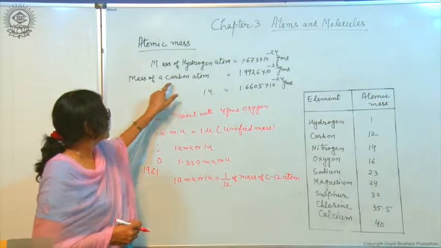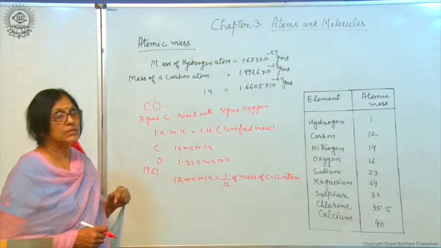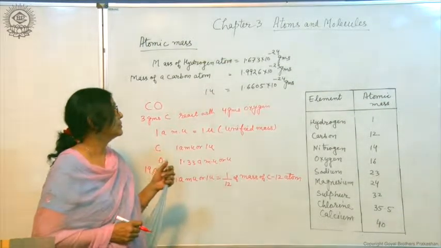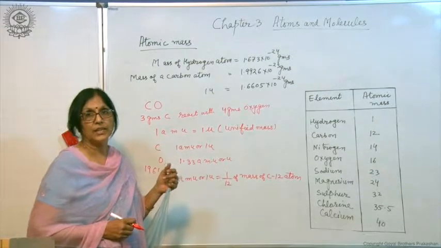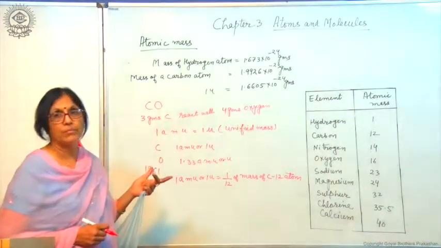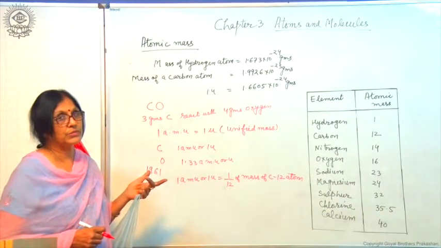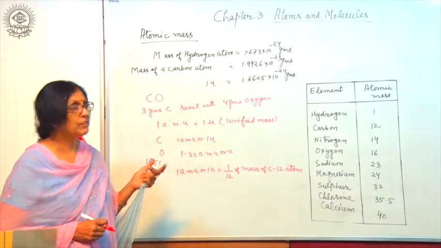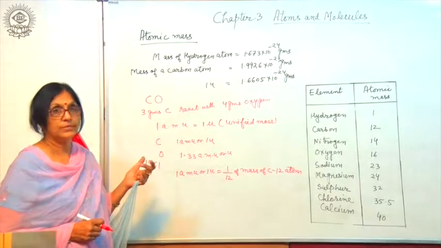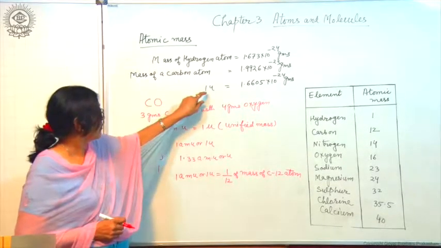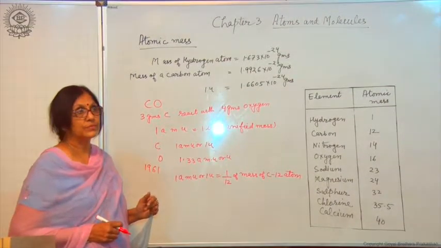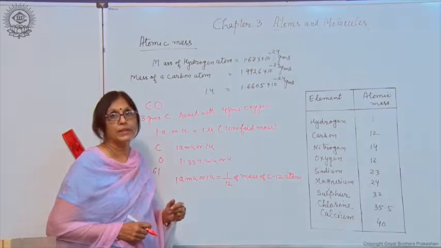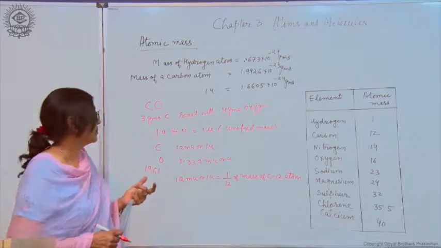Now, as it was calculated later on, the actual mass of a carbon atom in grams is 1.9926 into 10 to the power minus 23 grams. So, if we divide it by 12, we can get the value of 1 u equal to 1.6605 into 10 to the power minus 24 grams.